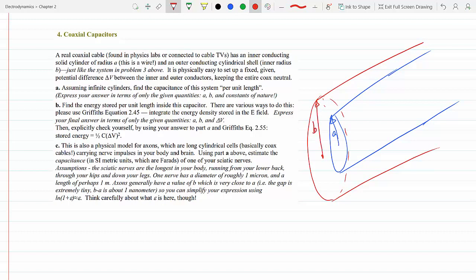Okay, and this is all grounded, so it's neutral, right? So that means if there's a lambda charge on this, there's a minus lambda charge on this, so that the sum would add up to 0.